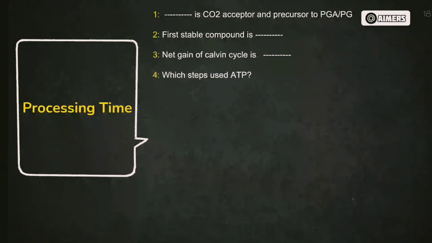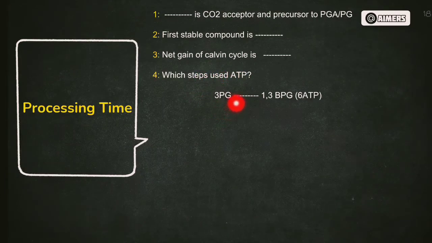Which steps used ATP? Now this is a very important question for MDCAT. You saw that ATP was used at 2 steps. First step was the conversion of this 3-phosphoglyceric acid into 1,3-bisphosphoglycerate. Phosphate group was attached on the carbon number 1. Okay, and 6 ATP were used for this process because 6 molecules were there of 3-phosphoglyceric acid and 6 molecules were of 1,3-bisphosphoglycerate.